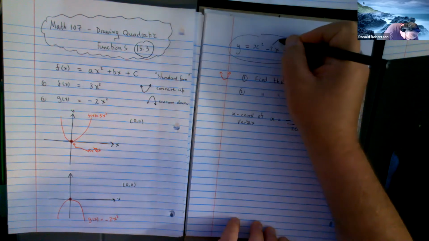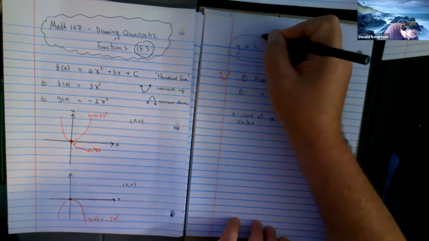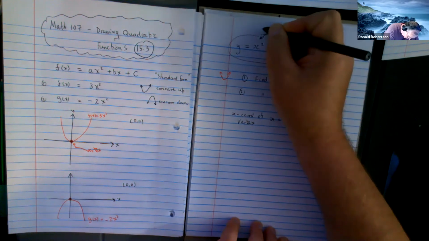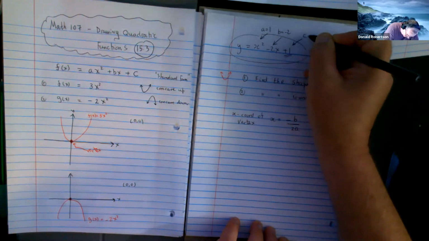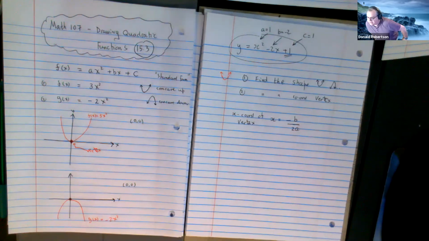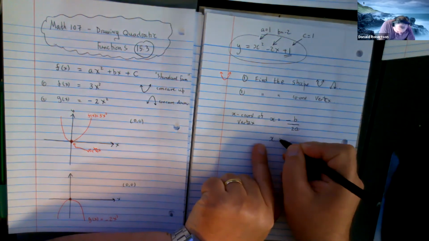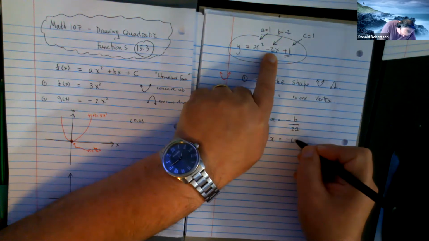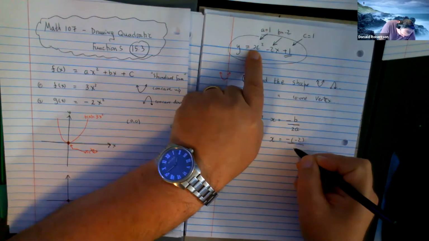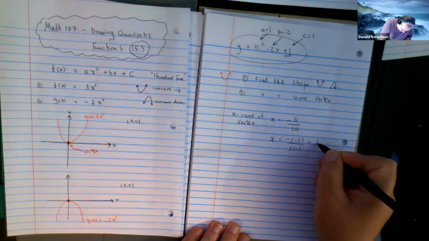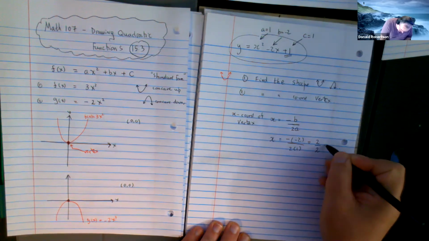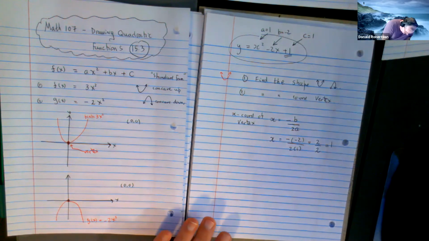The first one is A, the second is B, and the third is C. Remember the naming of A, B, and C. So the x coordinate of the vertex is the negative of -2 divided by 2 times 1. Two negatives make a plus, and 2 times 1 makes a 2. The x coordinate of the vertex is 1.